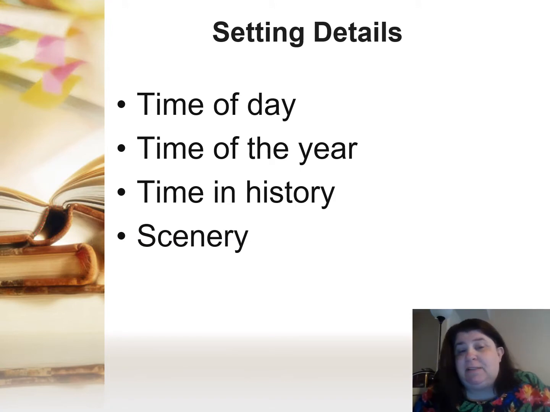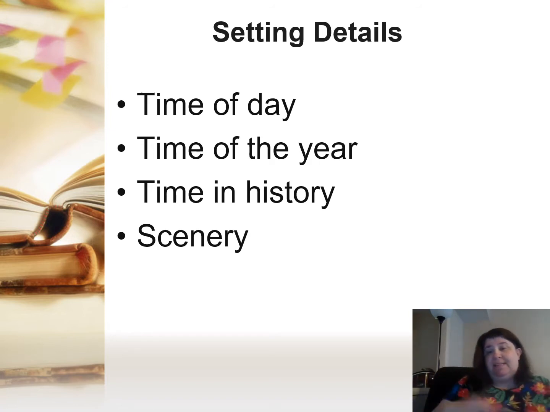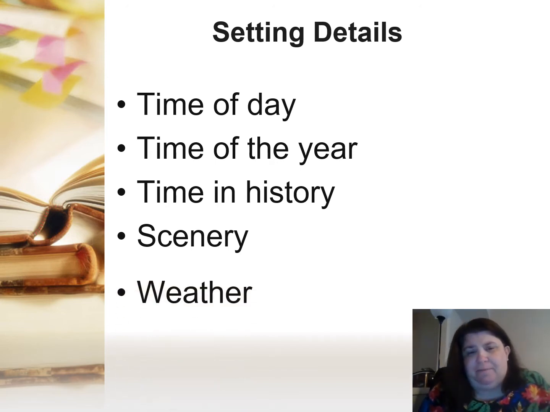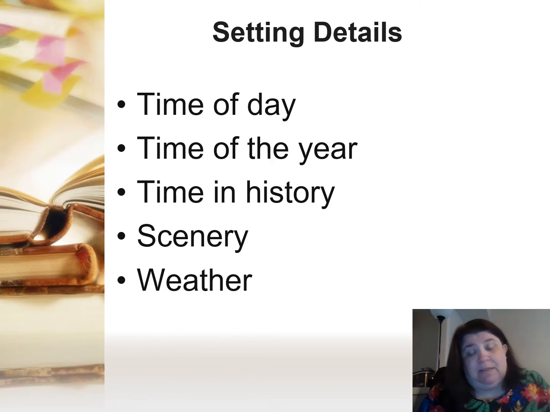The scenery. What are we seeing? Are we in the city? Are we in the country? Are we in a populated area? Are we in an area where there's just a few people? What kind of scenery do we have? And the weather also plays a role in the scenery.